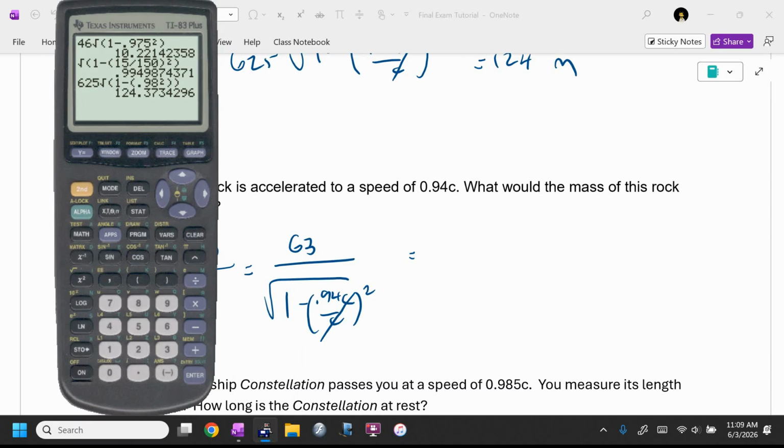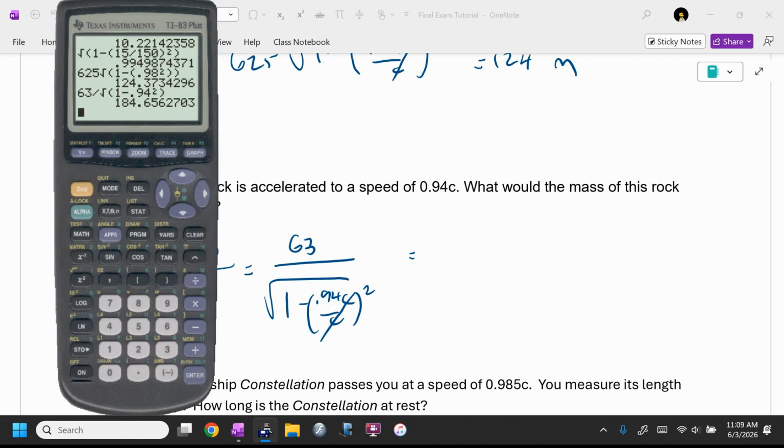Divided by the square root of 1 minus 0.94. Don't forget the squared. I know masses get heavier, so I know I'm going to get an answer bigger than 63. 185 if I round off properly.